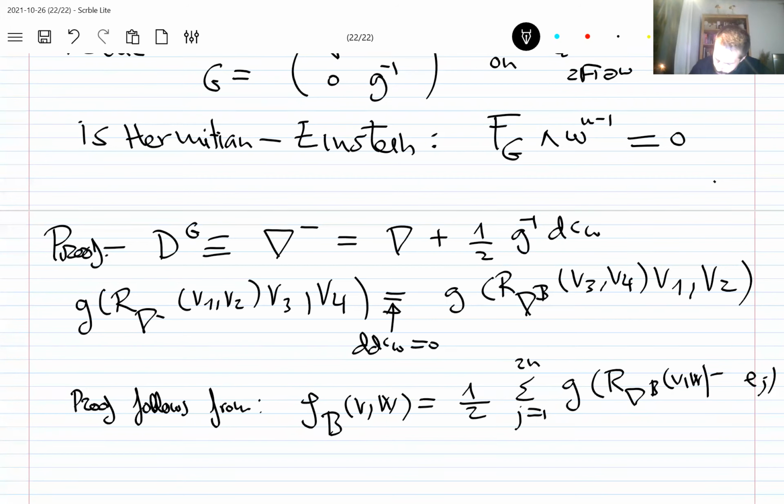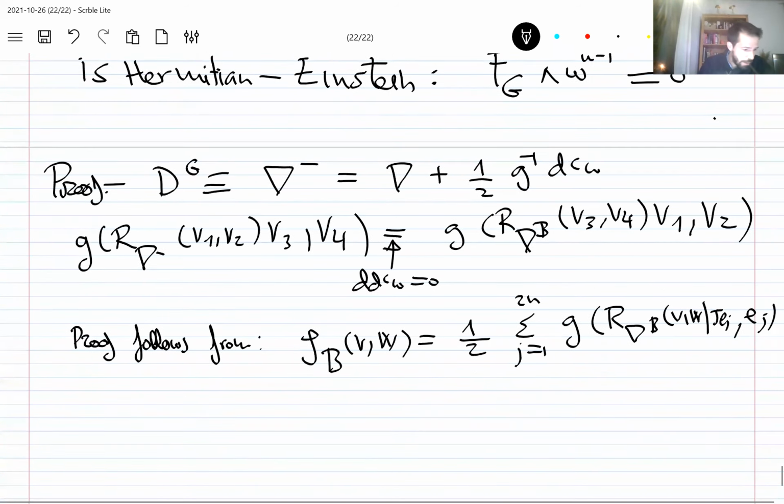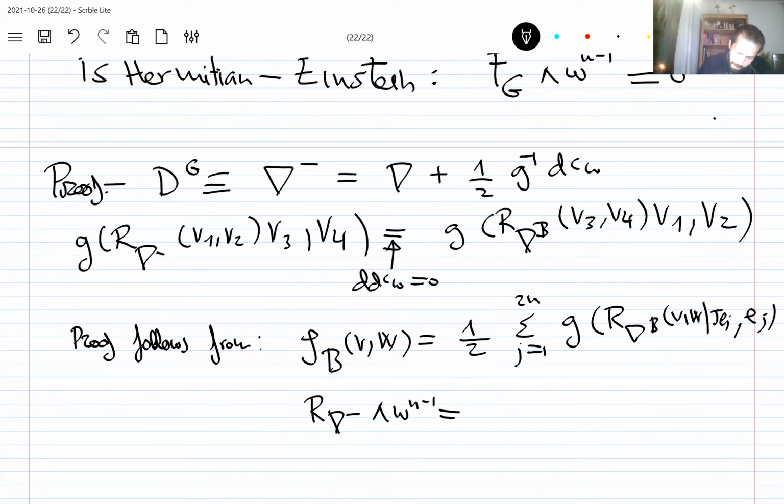This is J e_j, comma, e_j. On the other hand, I can calculate R nabla minus wedge omega^(n-1), also by summing over an orthonormal basis, but in a different entry and for the connection nabla minus.